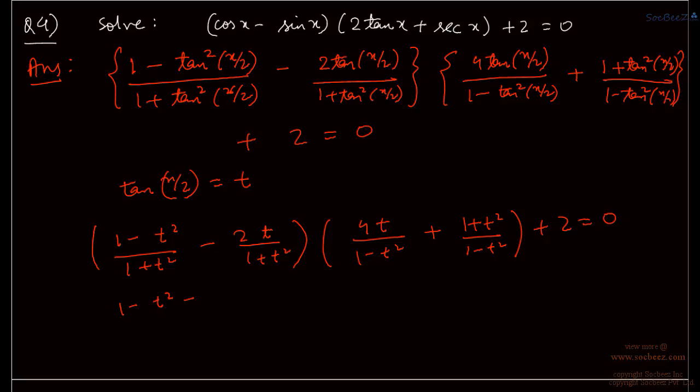This is (1 minus t squared minus 2t) into (1 plus t squared plus 4t) is 2 times (1 minus t squared) into (1 plus t squared).